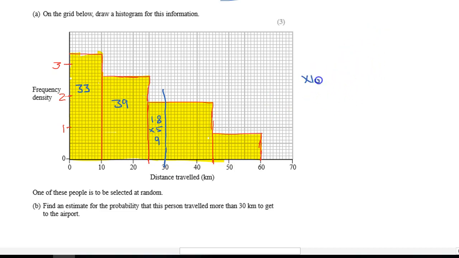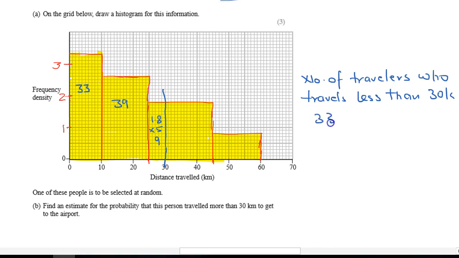So the number of people or travelers who travel less than 30 kilometers to reach the airport are 33 plus 39 plus 9, that is 81.